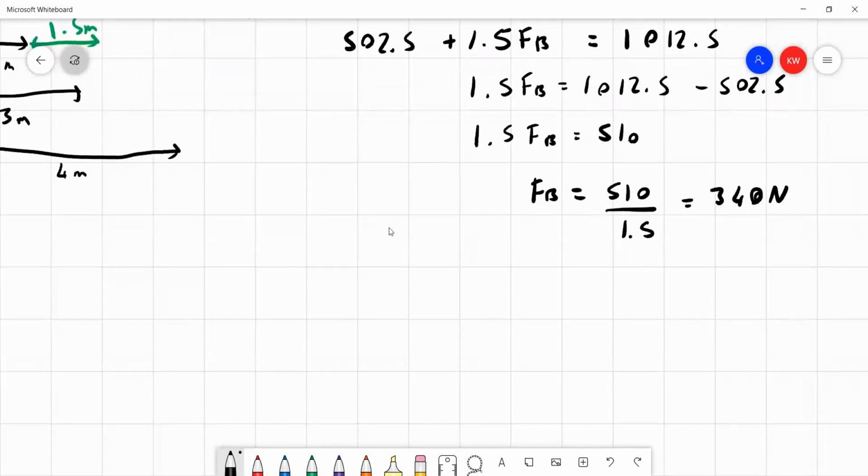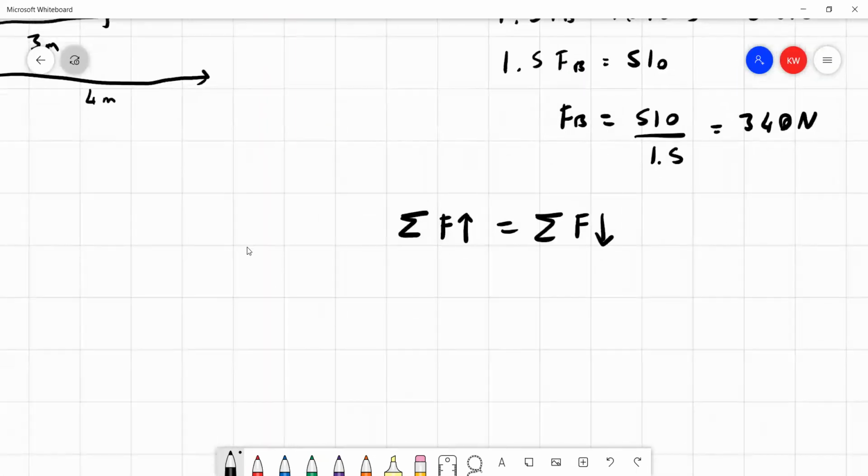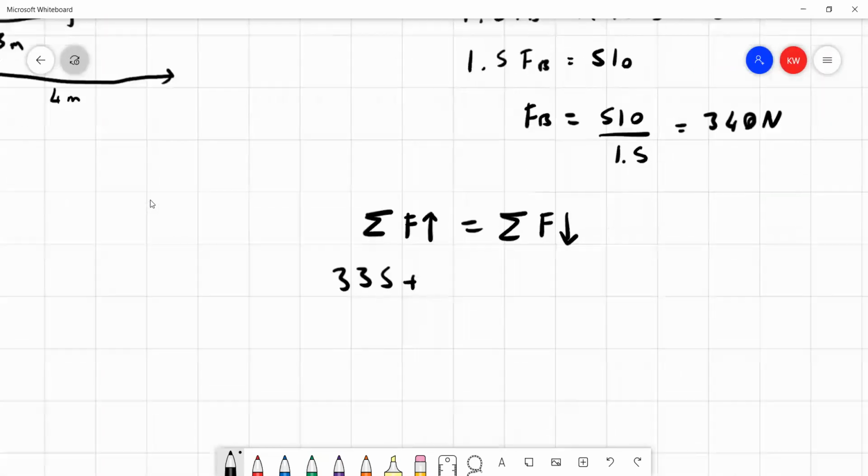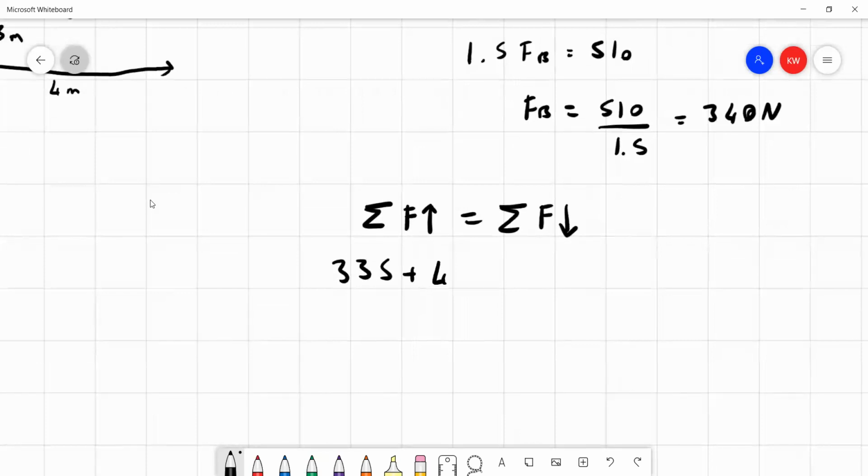With that in mind, we can now use the other equation of static equilibrium we have at our disposal, which is that upward forces are equal to downward forces. We were told in the question we have 2 upward forces, equal to 335 newtons and, let me check that again to make sure I put in the right number, 405 newtons.